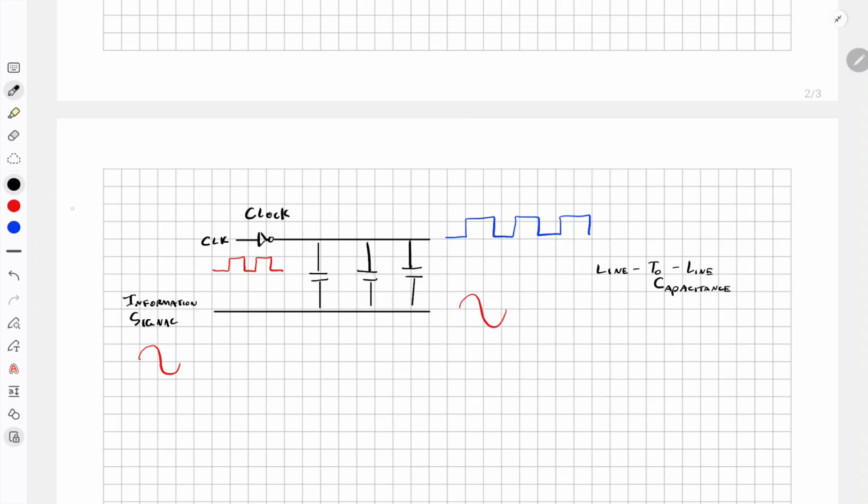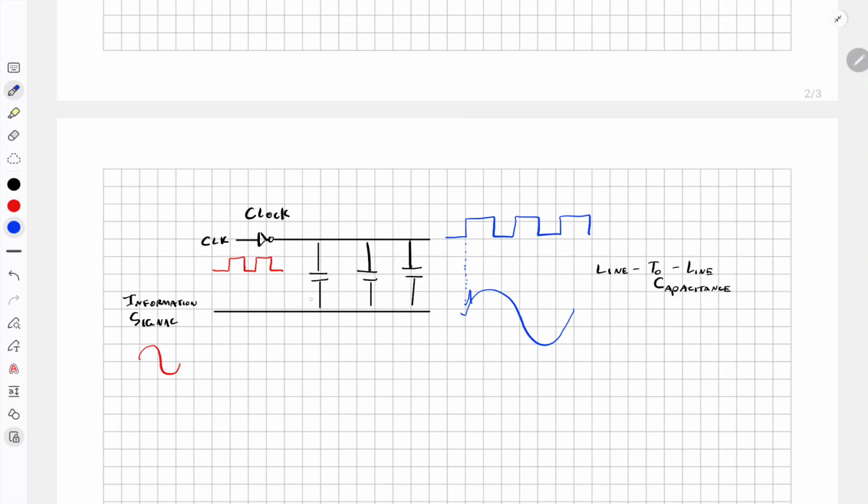So the consequence of this is that your output for the information signal, after traveling through a very long wire next to the clock line, because the two wires are in close proximity, the clock signal of this square wave will impart itself in a small component onto the information signal.